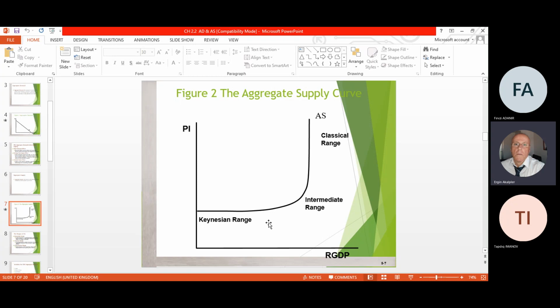And between Keynesian and classical, we prefer to use the intermediate range, where it is neither vertical nor horizontal. It is slightly intersecting the origin, as the supply curve is drawn for showing how the price and the GDP, or the inflation and the gross domestic product, are affected.